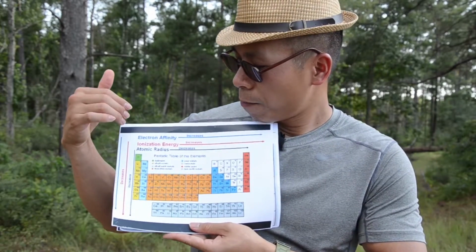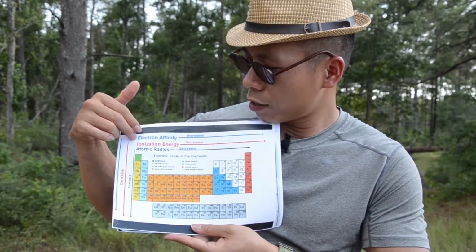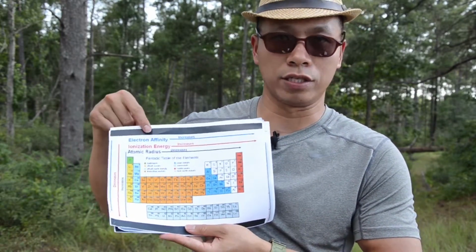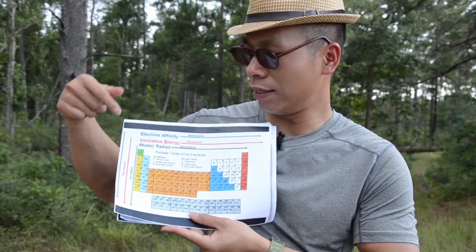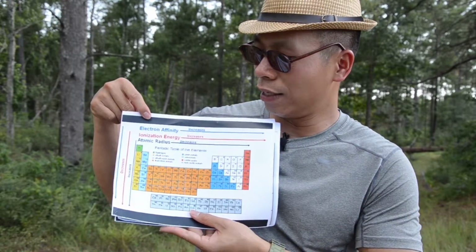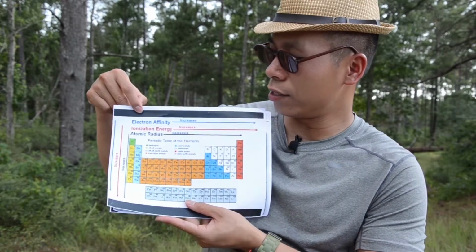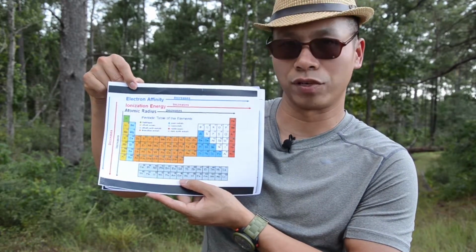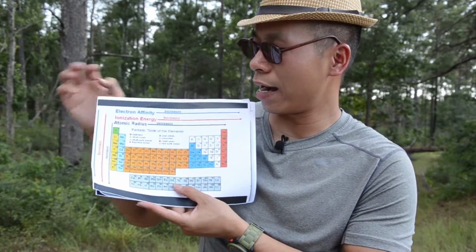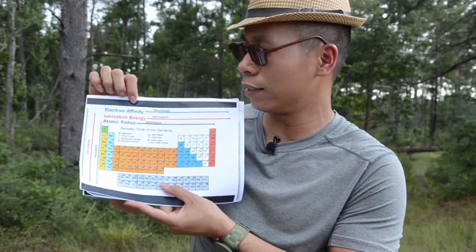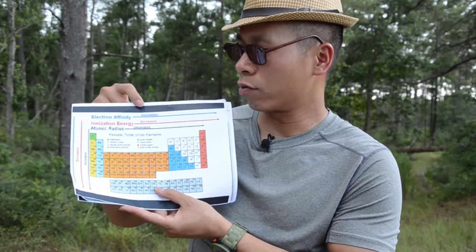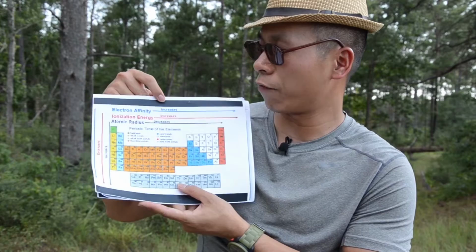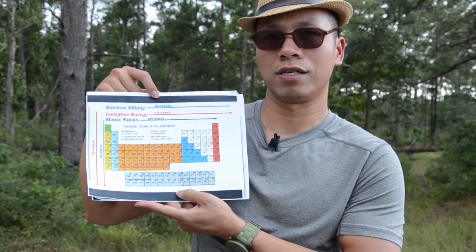The atomic radius of the columns increases, and that leads to the ionization energy decreasing. When ionization energy decreases, as a result, electron affinity decreases.